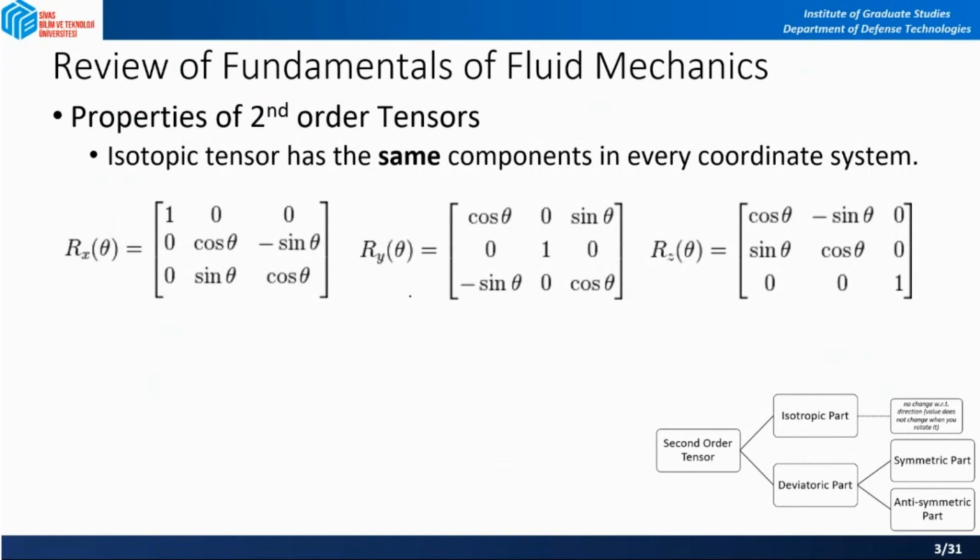For a vector, when you do this, you will get these three different values for the vector components. But one thing will not look different when you rotate, let's say, a tensor, and that is the isotropic part of that tensor. The isotropic component has the same value in any coordinate system.